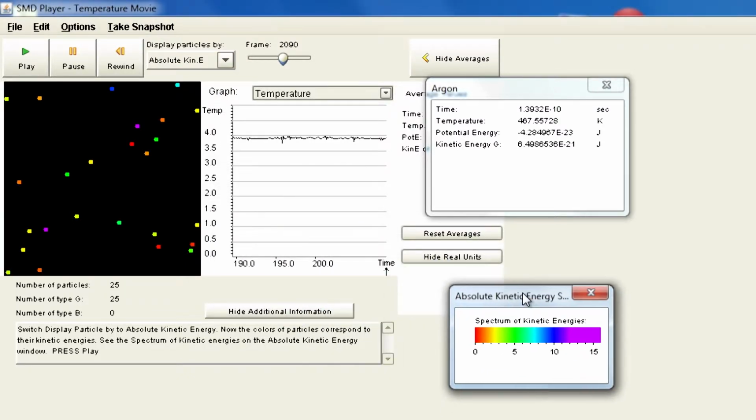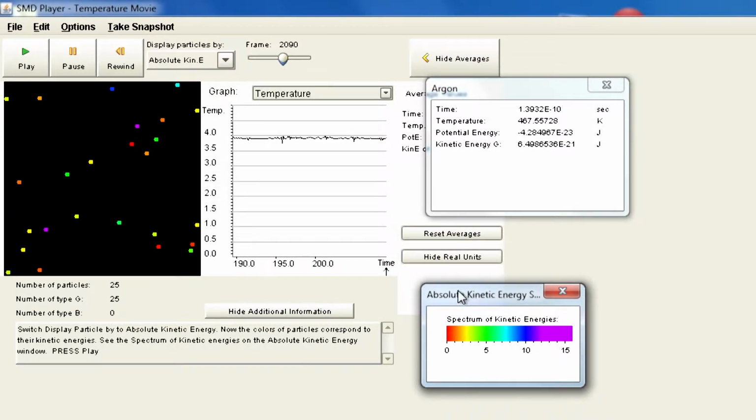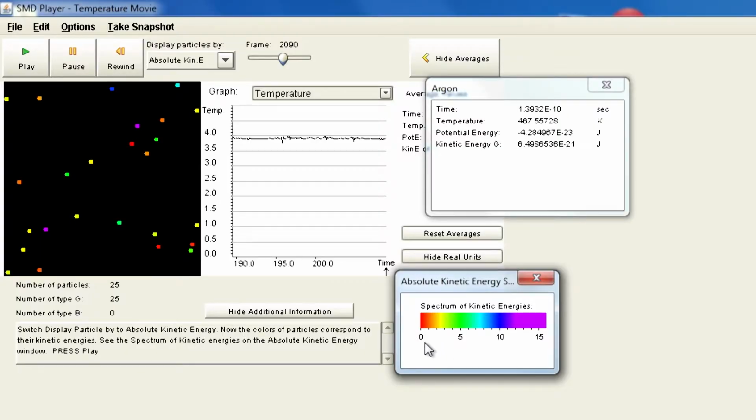Now you can see the spectrum of the different colors here. The red color shows you the very low kinetic energy. As you go, violet is the highest kinetic energy. So you can see some particles which are violet, some yellow, some green, the middle part of the kinetic energy spectrum, and some are really slow, which is the red part of the kinetic energy spectrum.